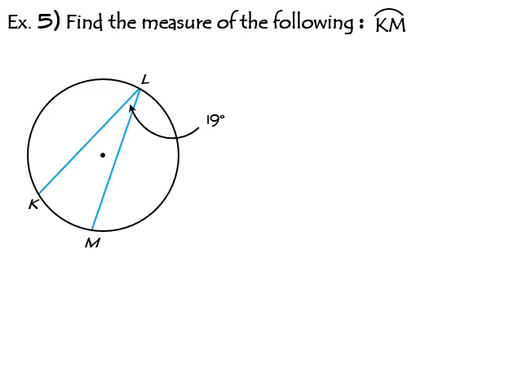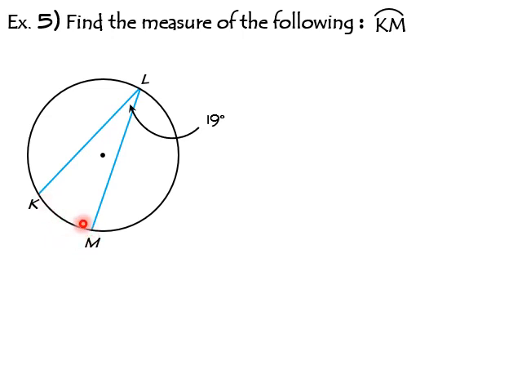Okay, now let's apply the same theorem on a different variation. Example 5 says, find the measure of arc KM. Let's take a look at the figure. Well, what do we know? We know that the inscribed angle is half the measure of the intercepted arc.